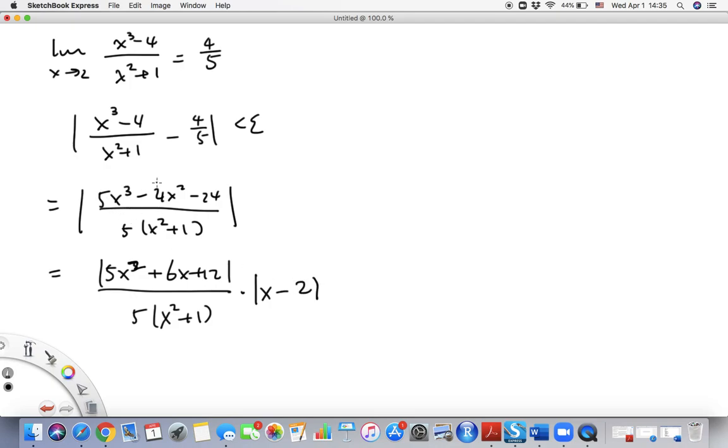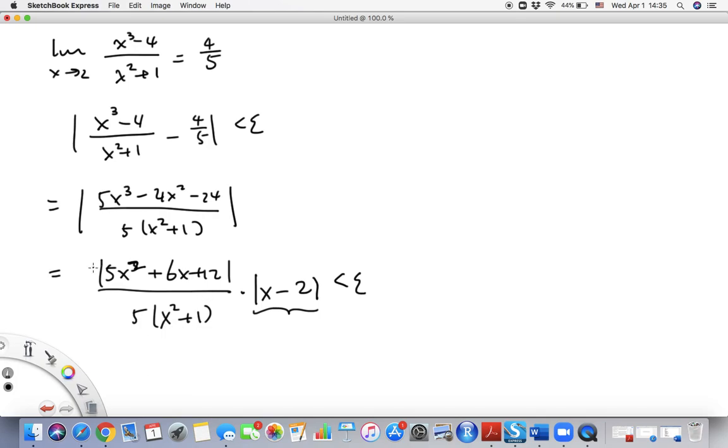Here I'm simply factoring out x minus 2 from the numerator. We want this to be less than epsilon. You can simply let the absolute value of x minus 2 be less than epsilon over this whole thing.